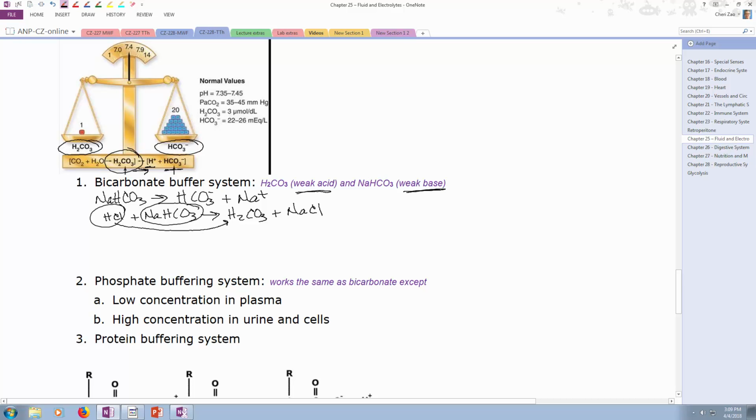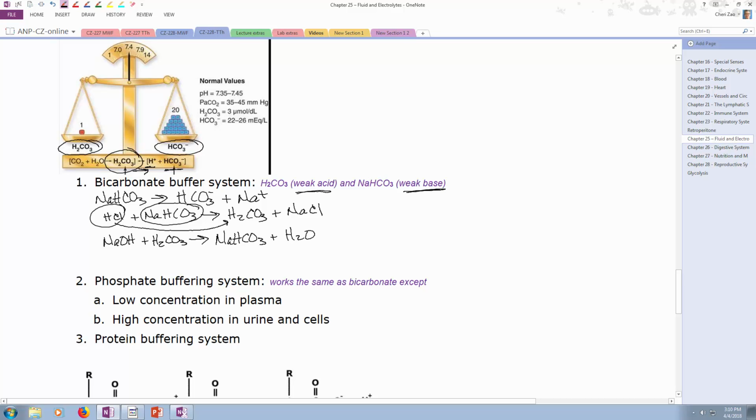Now, let's take a look at a very strong base, NaOH, sodium hydroxide, plus a weak acid, H2CO3, carbonic acid. And what we will do with this process is we will get sodium bicarbonate, NaHCO3, which is a weak base, plus H2O, water.